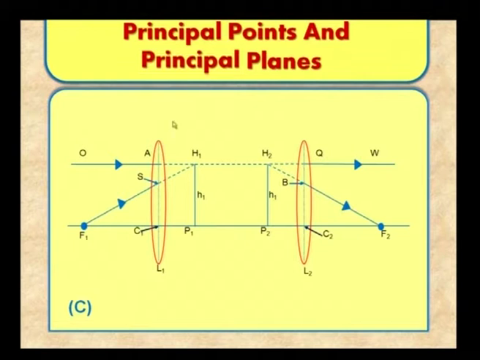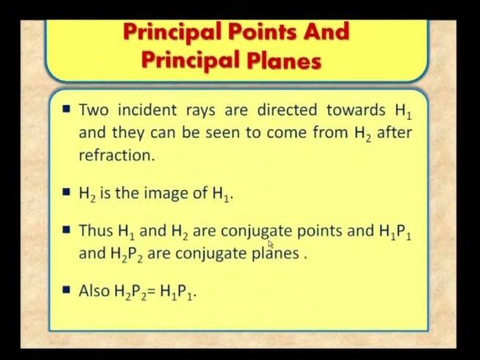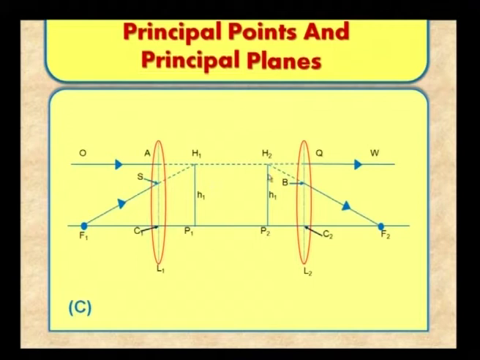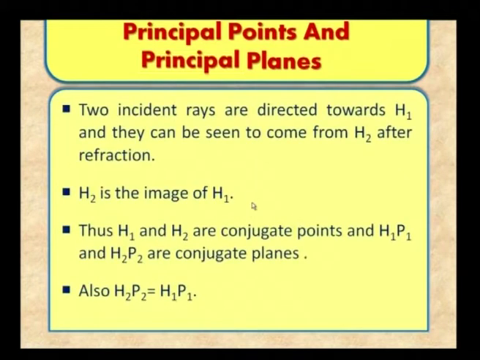So, these two principal planes are called the conjugate planes. H1P1 and H2P2 are called the conjugate planes, and obviously the heights H1P1 and H2P2 will be equal to one another.